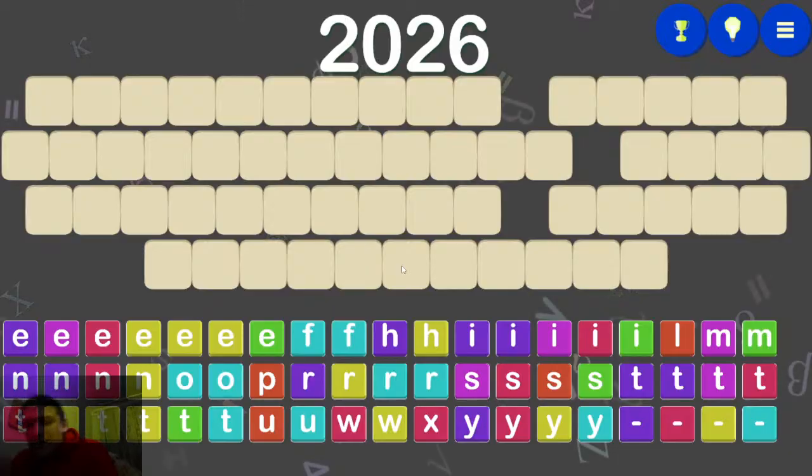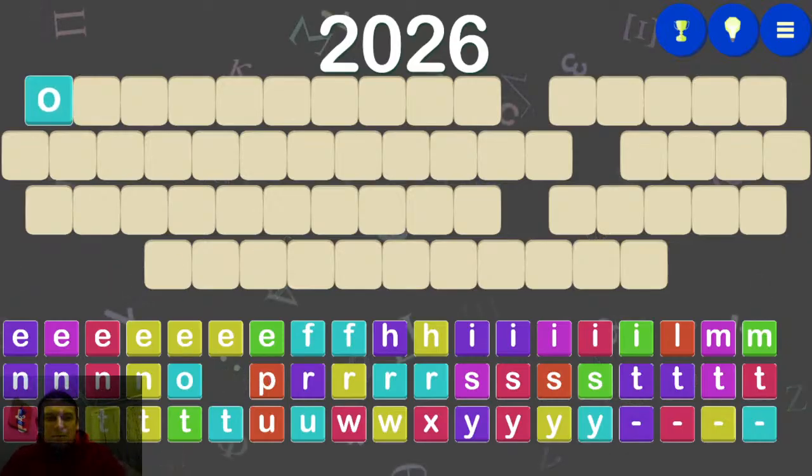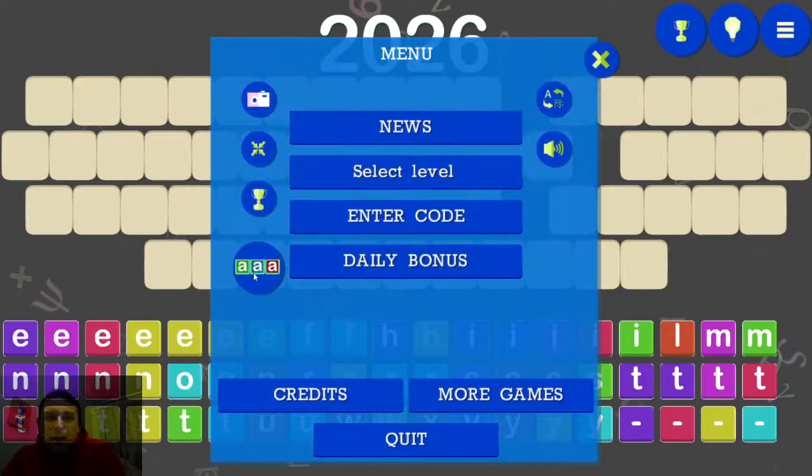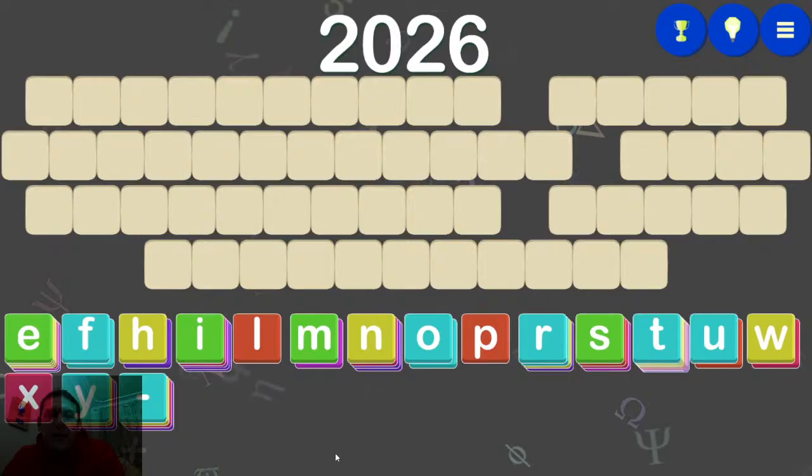Okay, so we have this big one for true puzzle solvers. So what can we get here? Letters are quite big. Maybe I can stack them, make them bigger.